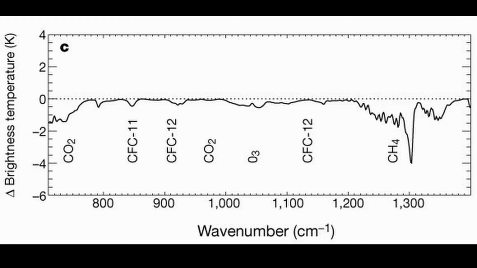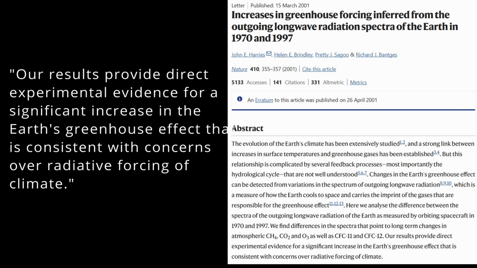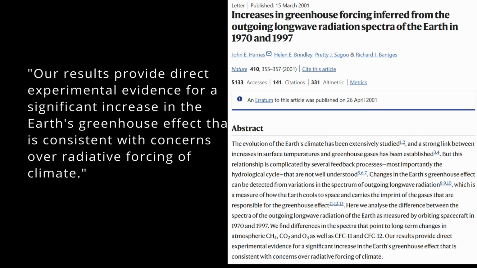And between that 27-year period, they were the first ones to see that the brightness temperature, which is measured as outgoing infrared, showed a measurable decrease at wavelengths associated with long-lived greenhouse gases, especially CO2 and methane. So they show that the radiation is leaving from a higher altitude, meaning the Earth is emitting less than it needs to in order to balance incoming solar. So it's a direct measurement.